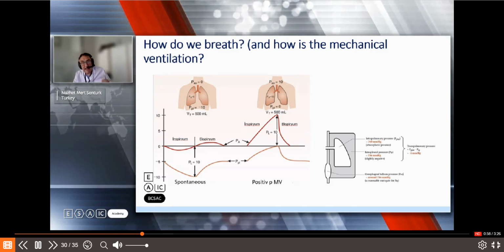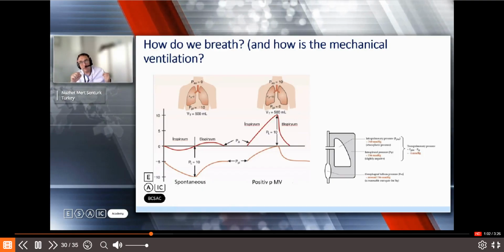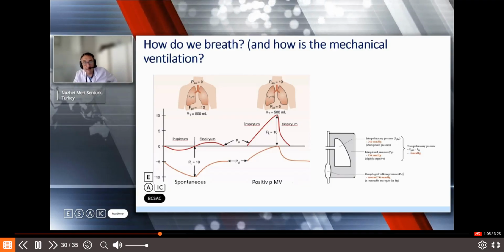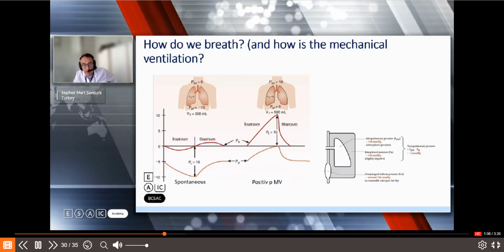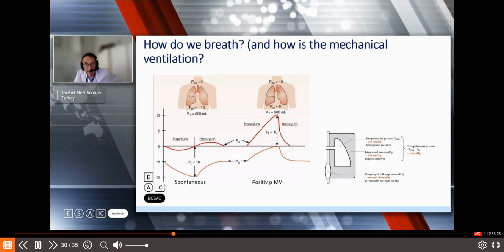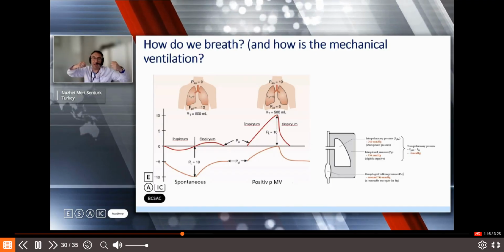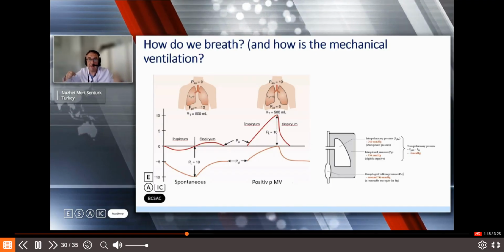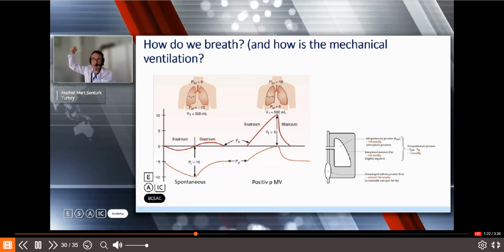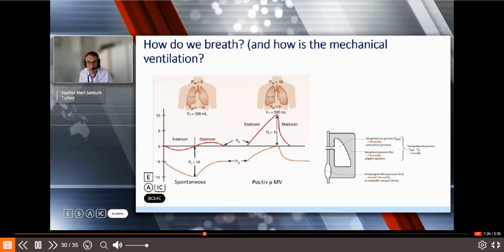With the contraction of the diaphragm and inspiratory muscles, the pressure in the intrapleural space is getting more negative. As it is getting more negative, it also creates a negative pressure within the alveoli. And that's the reason why I can create a pressure gradient and the air flows into the alveoli.